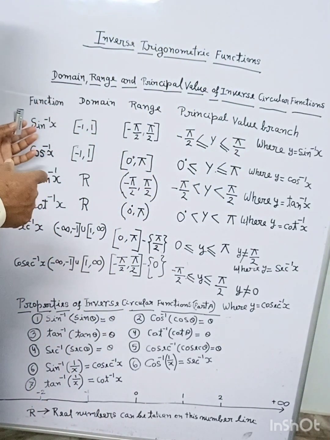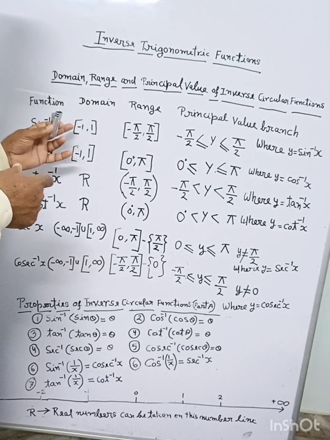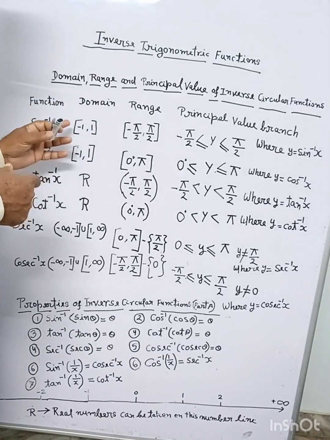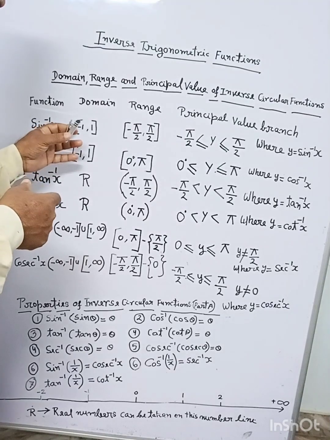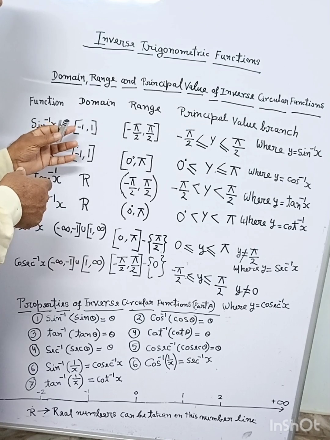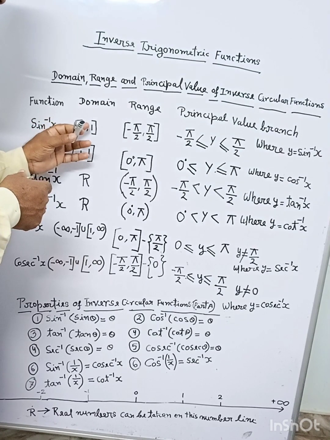Sin inverse x: domain is -1 to 1. It is under closed interval, it means it will go from -1 to 1.